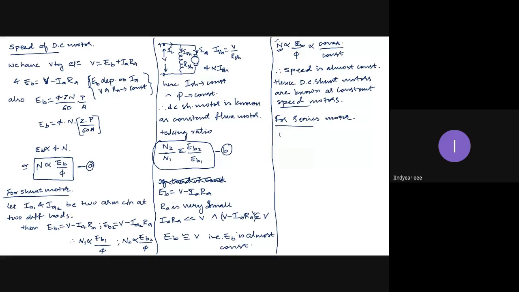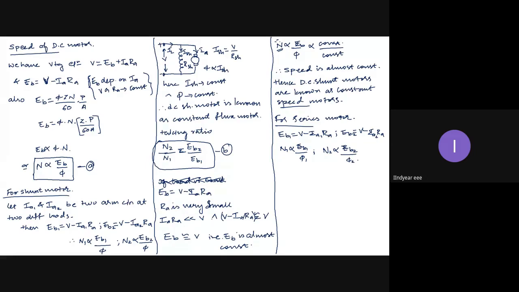For series motor, EB1 equals V minus IA1 RA, and EB2 is equal to V minus IA2 RA. From this equation, N1 is proportional to EB1 by phi 1, N2 is proportional to EB2 by phi 2.